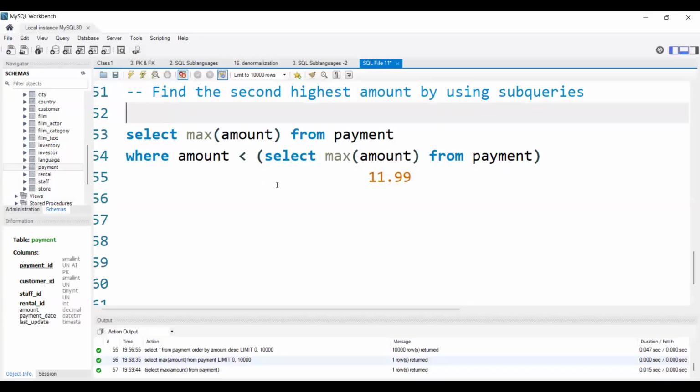Suppose I have some 10.99 here, or maybe we can have 11 also. Whatever the next lowest amount we have, I will get that as the next max value. Now that value it will compare with this one. As 10.99 is less than 11.99, this condition will be satisfied and it will display this one. That means by doing this it will display the second highest amount. Am I clear?